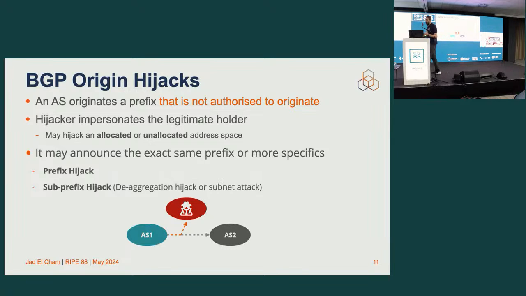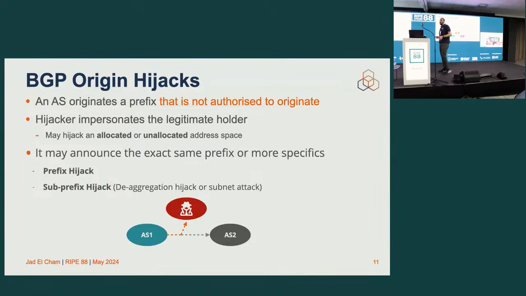Theoretically, depending on the benchmarks in BGP, what has been done historically, the data and the databases, whether it's IRR or the RPKI system, we know who should be announcing certain prefixes, right? So a BGP origin hijack happens when somebody or some entity tries to impersonate another organization, and they start announcing their IP addresses, whether from the same autonomous system number or from a different autonomous system number.